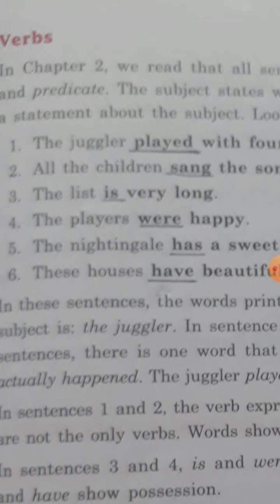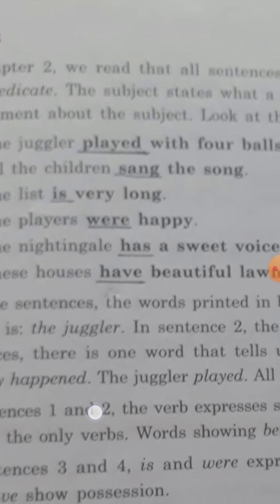Then, the players were happy. Again, we find the players is the subject, were is the verb, and happy denotes something about the players. So, it's a subject complement. The nightingale has a sweet voice.